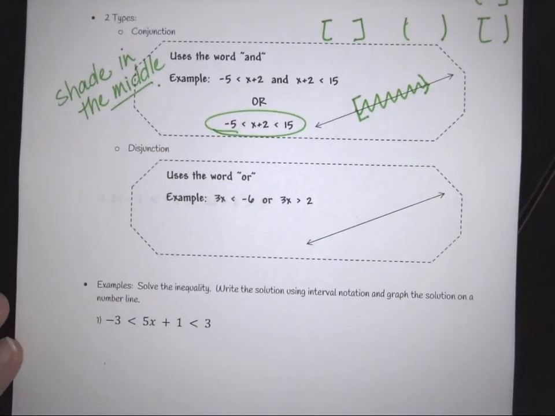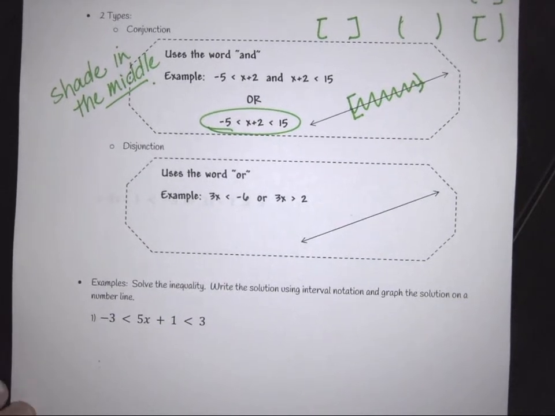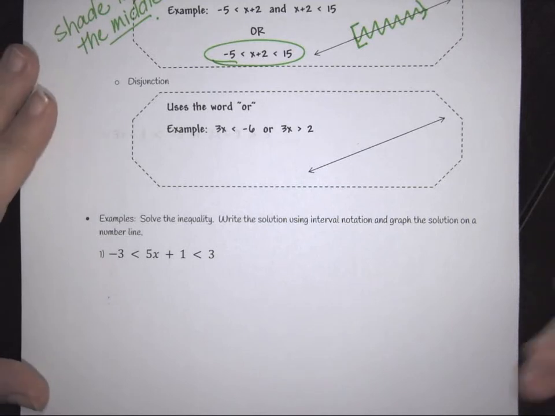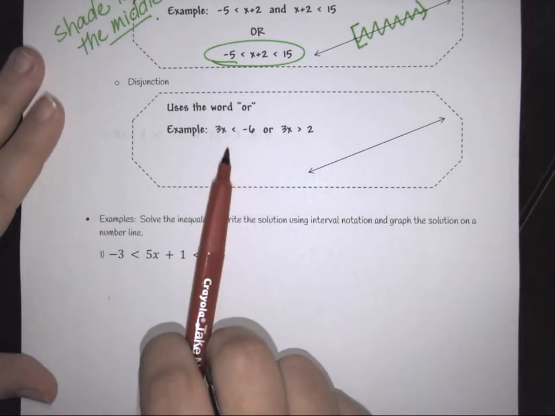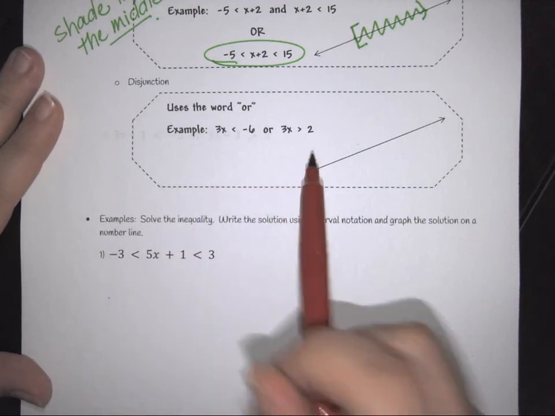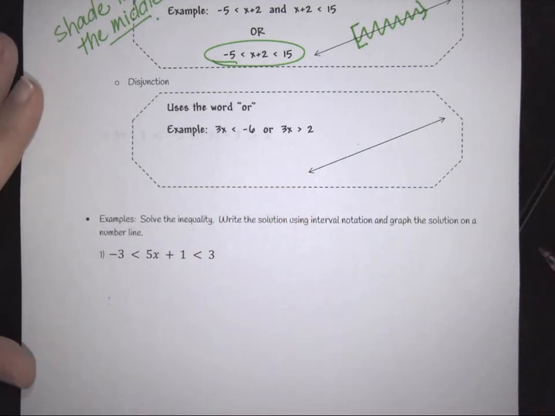Now, the word or is a little bit more fun. Ors are called disjunctions. What they mean is that we essentially shade the wings. Again, we might have something that looks like this, where we have 3x is less than -6, or 3x is greater than 2.